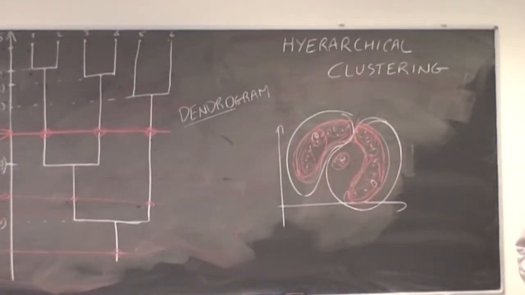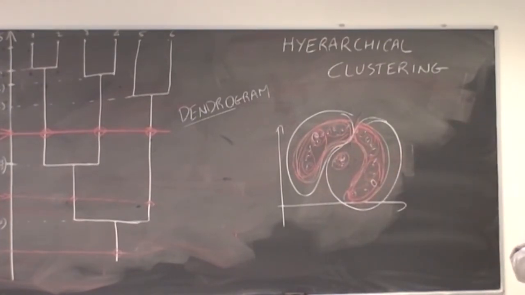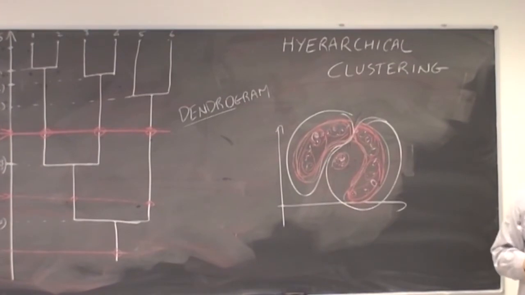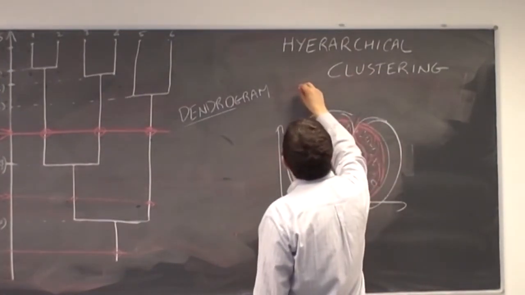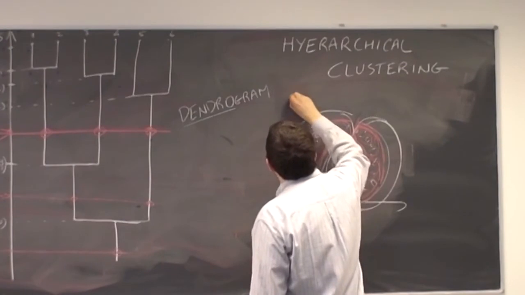Hierarchical because, you see, what we are building is actually a hierarchy of clusterings from our set, starting from singletons and then going down. Another definition, okay, it can also be called agglomerative clustering.